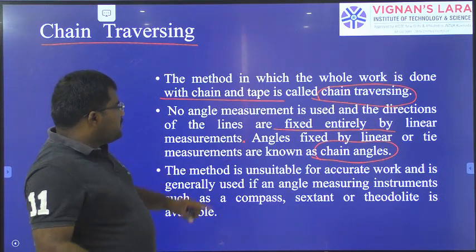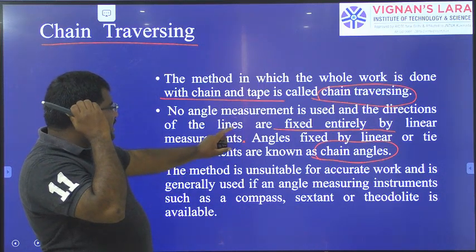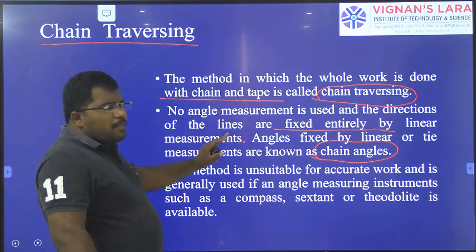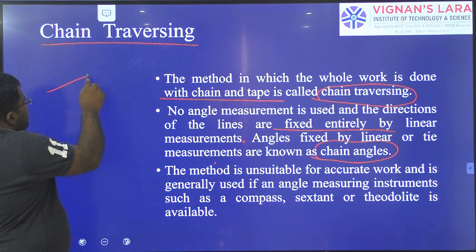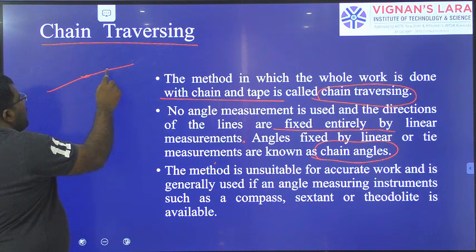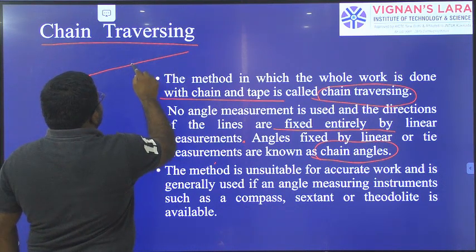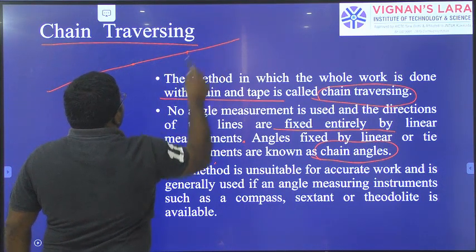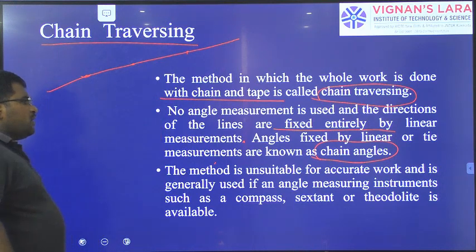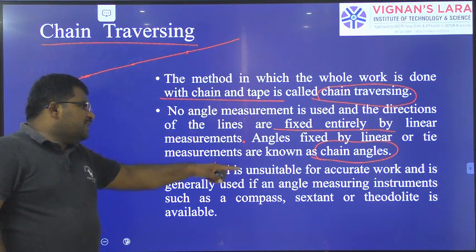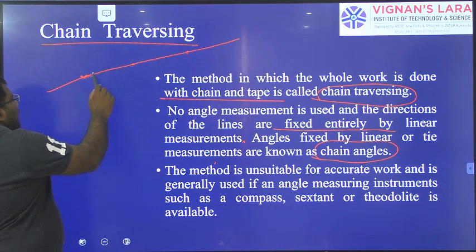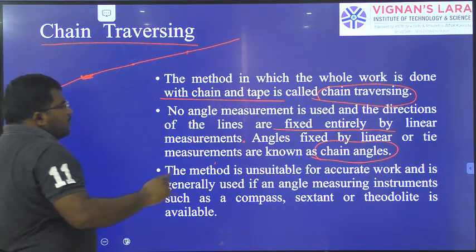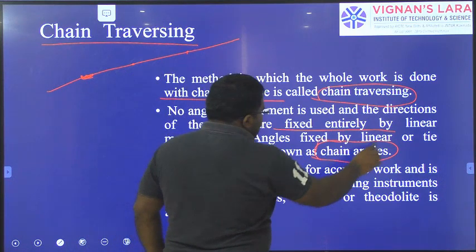So normally the angle will be fixed, and that direction is going to be fixed, and with that only we are going to move. Angles fixed by the linear or tie measurements, if you are fixing the angle with linear measurements, are called chain angles.